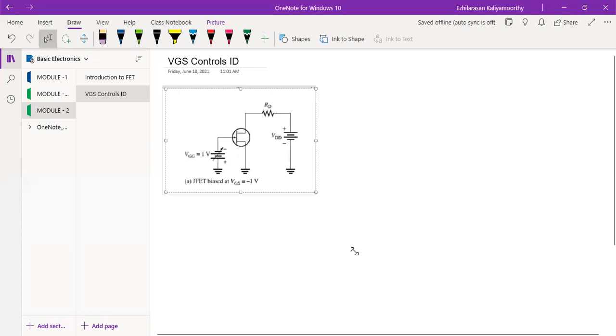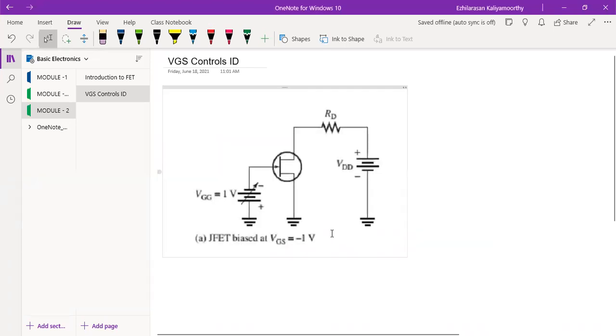See the figure which is shown here, the JFET will be biased, that is VGS is equal to minus 1 volt, because as I said previously, we are going to change the VGS, that is the gate to source voltage. But you can see that VDS is constant in this.